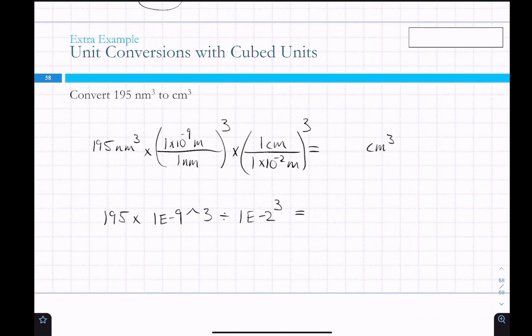So 195 times 1e negative 9 raised to the 3, divided by 1e to the negative 2 raised to the 3, and we get 1.95 times 10 to the negative 19.